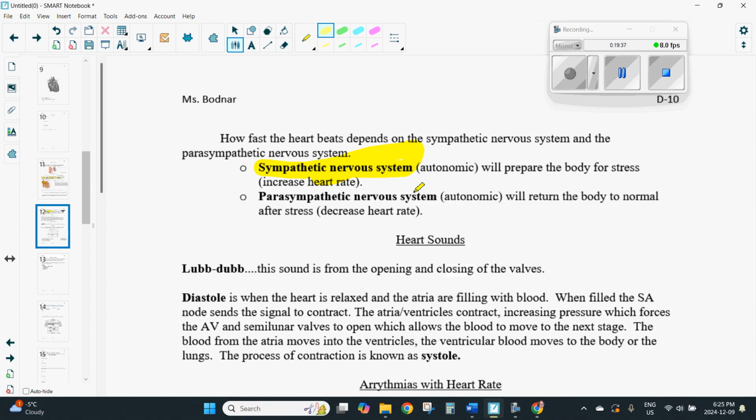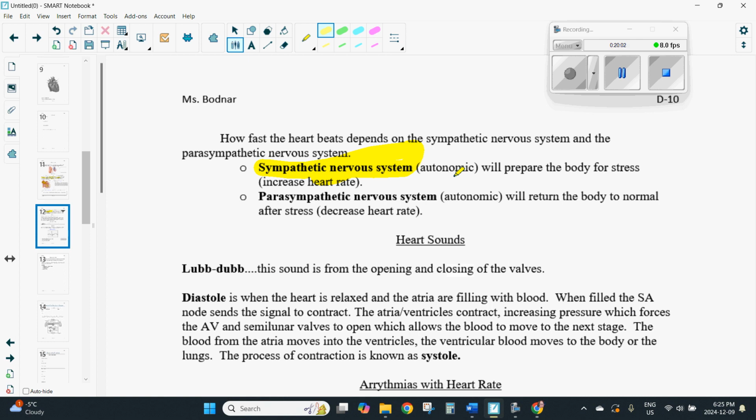Now, again, an autonomic response is talking about an automatic response. So your body is naturally doing it. You don't have to decide to do it or think about it. It happens naturally. So the sympathetic nervous system is preparing the body for stress, which means it is going to increase the heart rate. It is a little more complicated than that, but for Bio 20, that's all you really need to know.